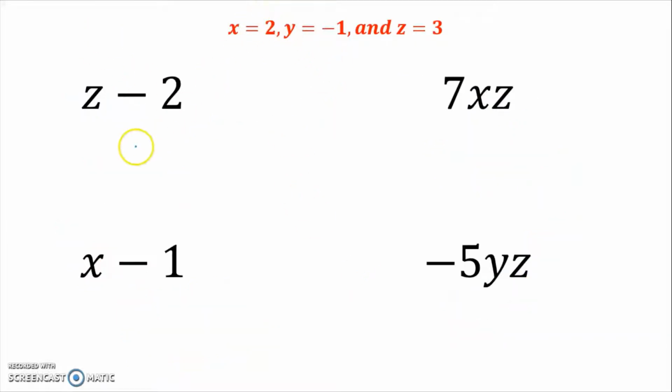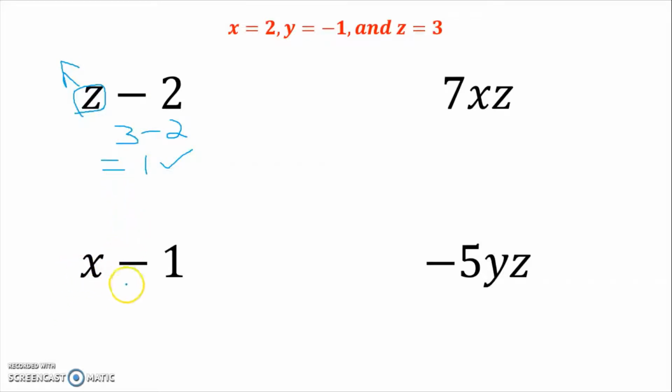We have the expression z subtract 2. We know z equals 3, so the z will go and the 3 will come in. We get 3 subtract 2, which equals positive 1. That's the value of the expression z subtract 2.